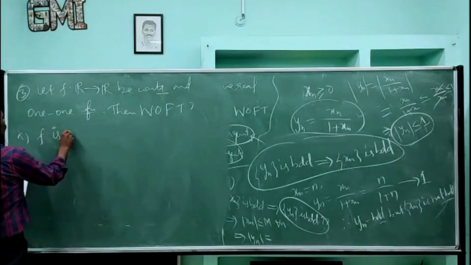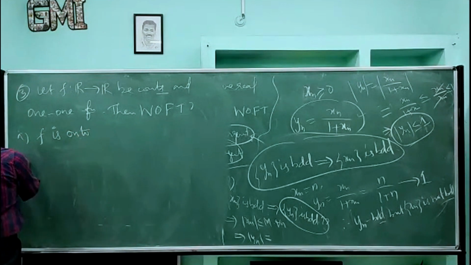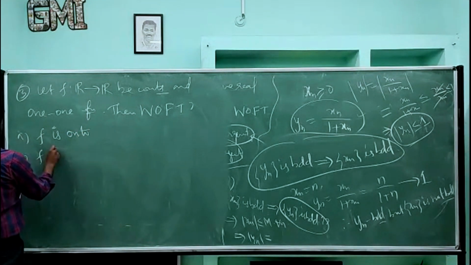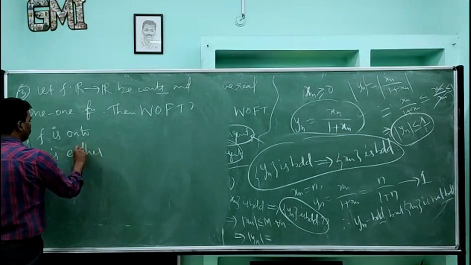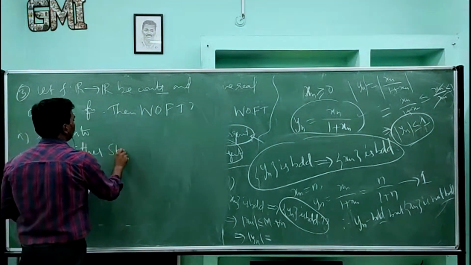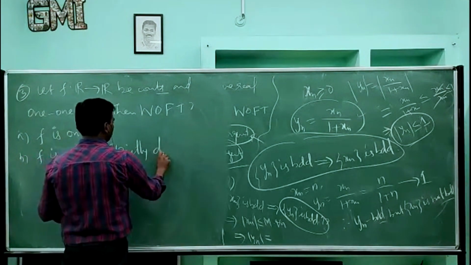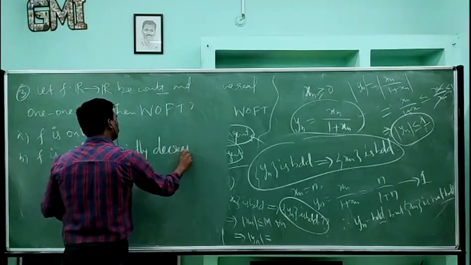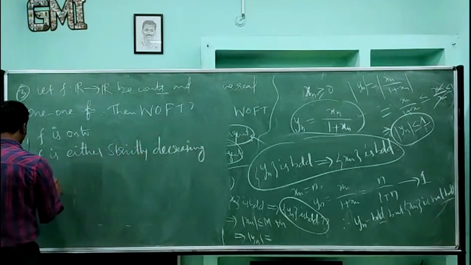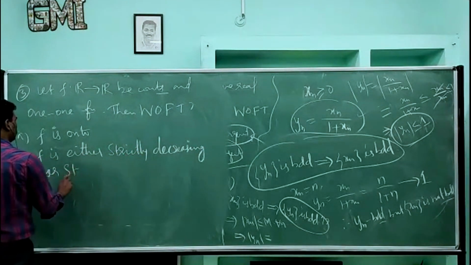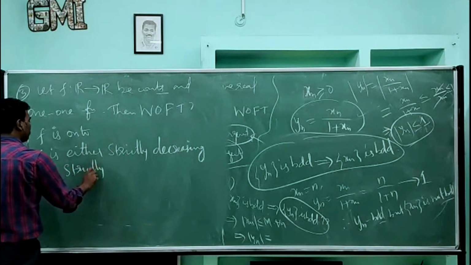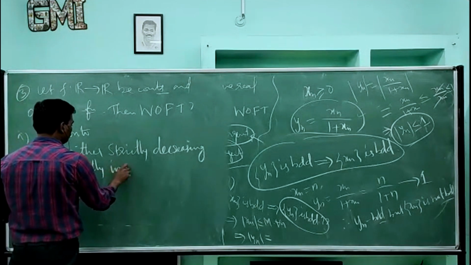Option A: f is onto. Option B: f is either strictly decreasing or strictly increasing.